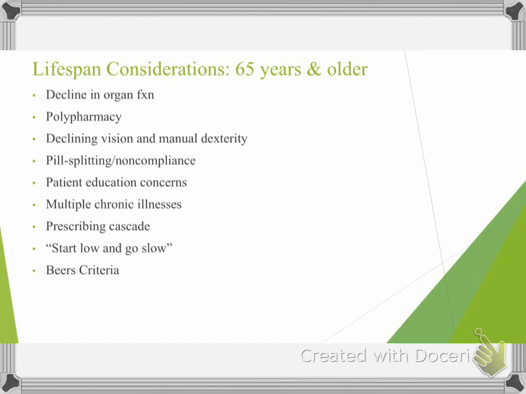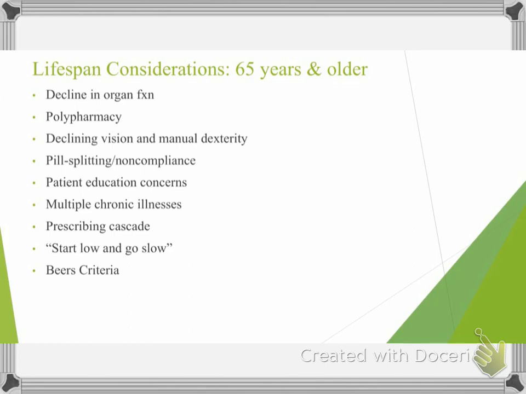Declining vision and manual dexterity give them a high risk of making mistakes. They may do pill splitting and non-compliance because they have a fixed income. It's a cheaper option: let's just split the pill instead of taking a whole one, because then the prescription lasts longer. Patient education and concerns.